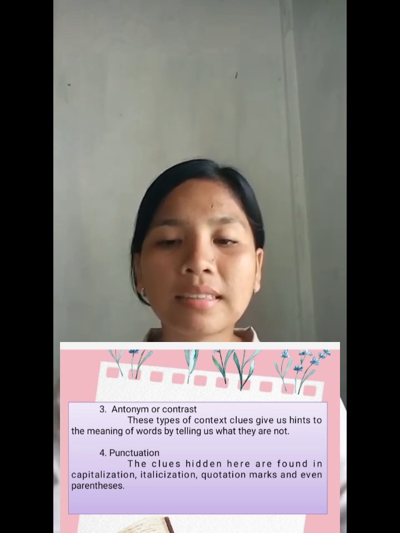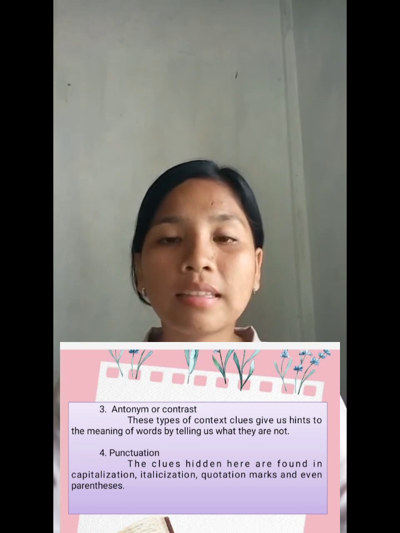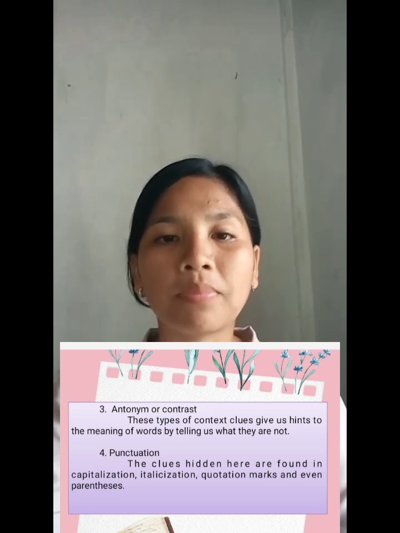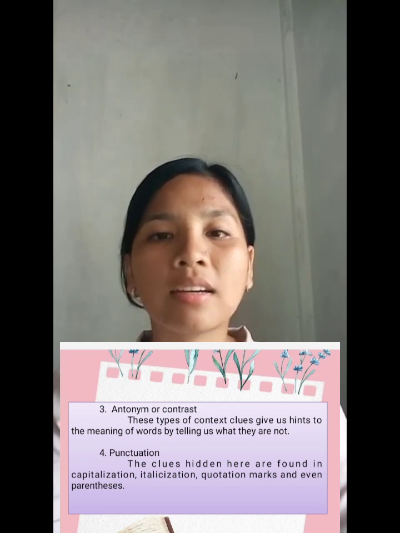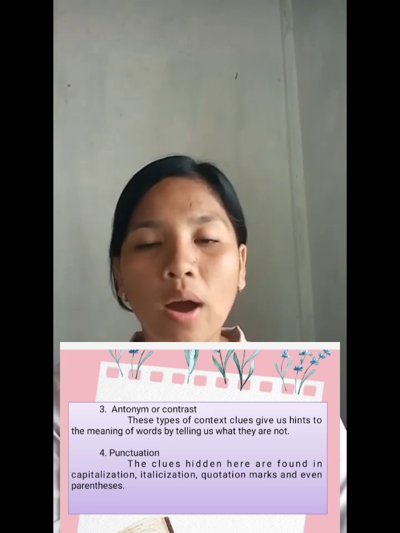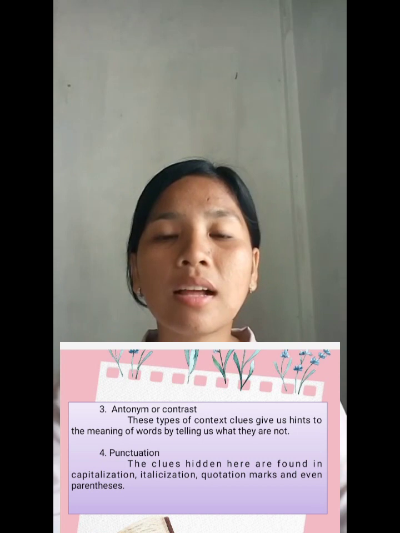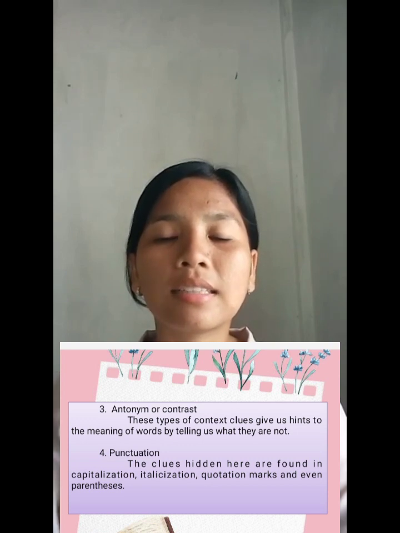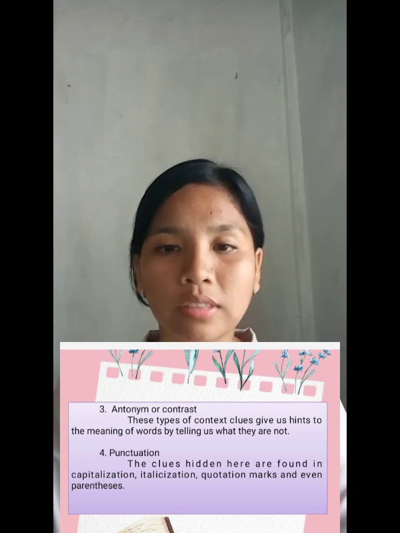Context clues based on antonyms include words like however, unlike, and while. So when a statement or sentence uses however, unlike, and while, we can conclude that the sentence is a context clue based on antonym or contrast.